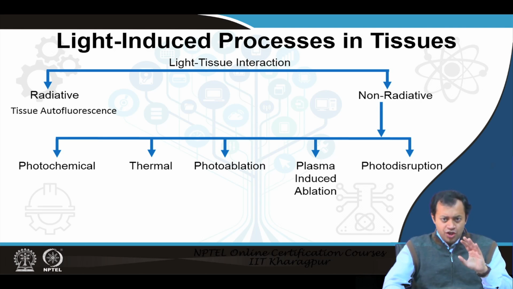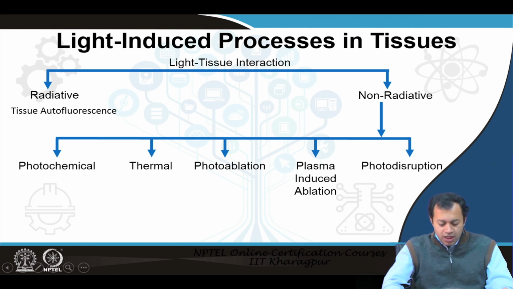Usually none of these chain reactions emit a photon. Radiative is where autofluorescence happens, non-radiative is where all of these different photo-induced, light-induced processes happen, and none of them actually results in the generation of a photon.